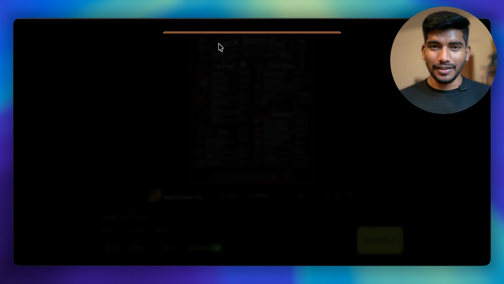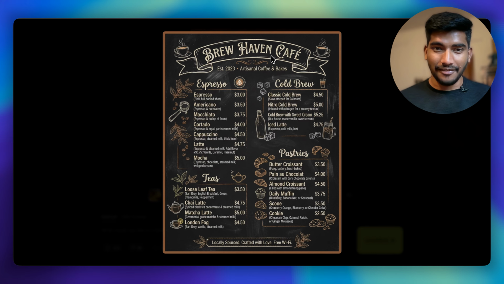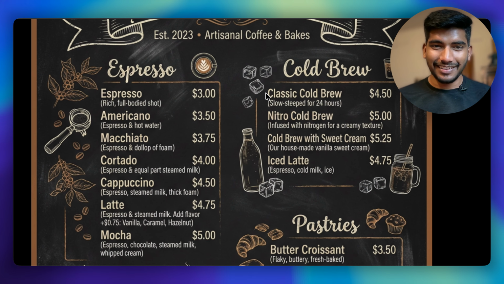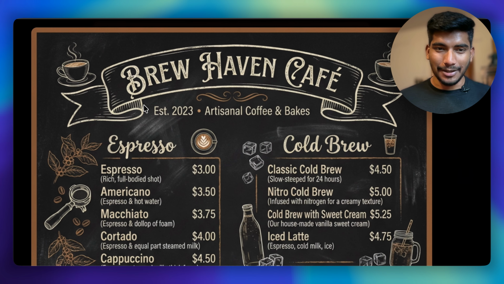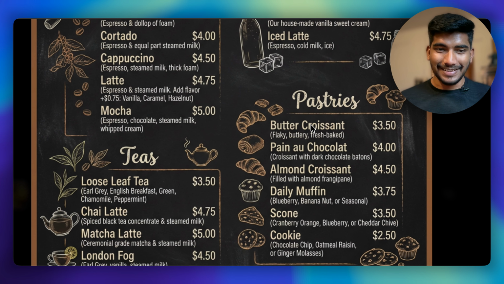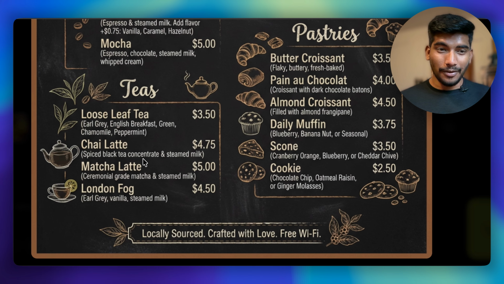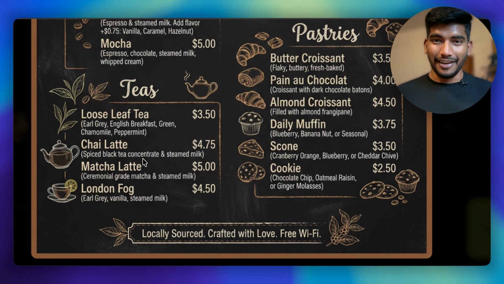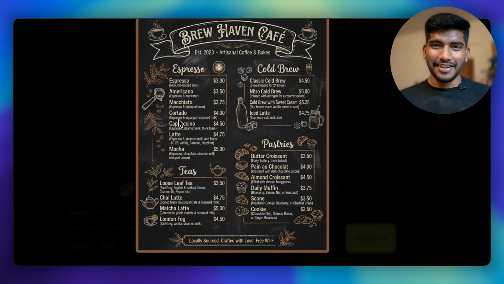If you see this one, its exact name, Brew Heaven Cafe. The style of it, look at the menu: espresso, cold brew, pastries, teas, and everything is so well defined here. This is an interesting one.